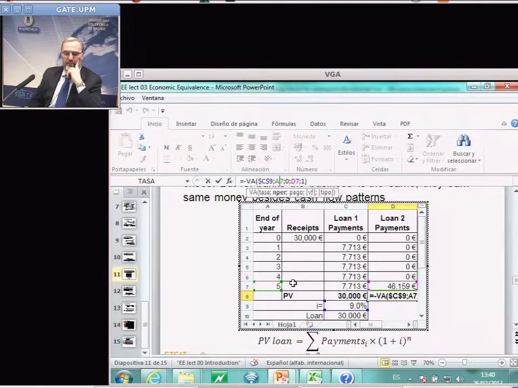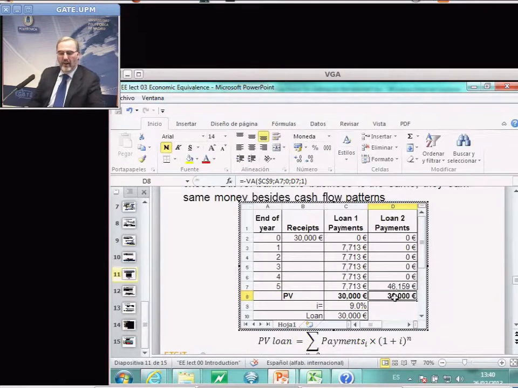Number of periods is the number of periods you are discounting, which in this case is n equal to 5. 0 for payments, and then the future value is the amount, 46,000 euros, and then 1. So as you see, the present value of both investments at 9% are the same.